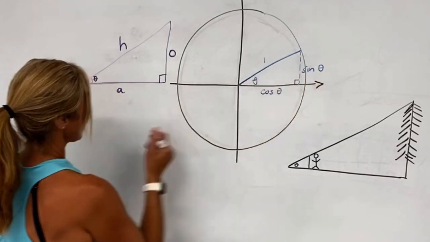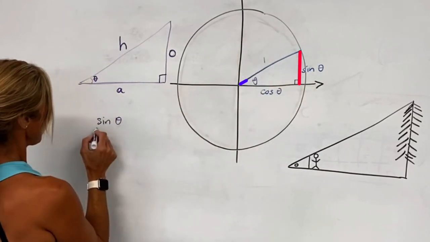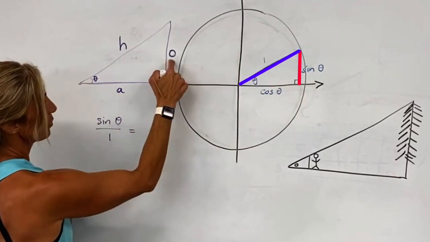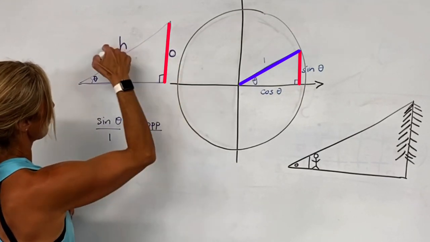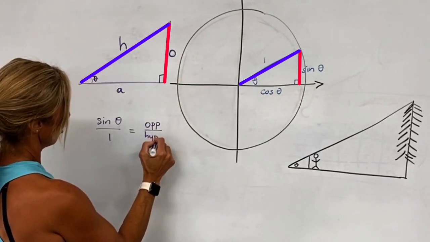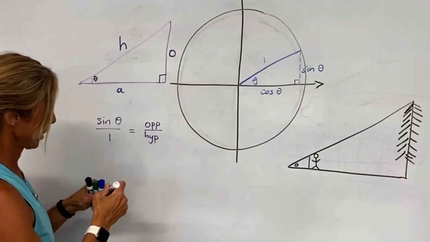We can see that sine of the angle divided by 1 is equivalent to this opposite side divided by the hypotenuse. Remember, this is all based on the fact that they have the same angle measurement.